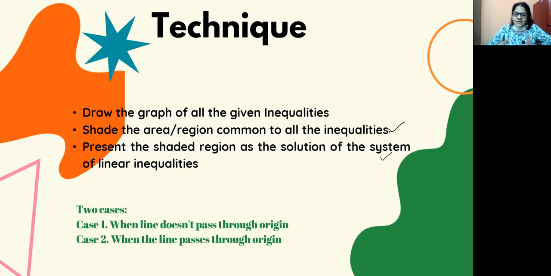Okay, so here we will be considering two cases. Case one is when the line doesn't pass through origin. Second case, when the line passes through origin. And I think these two cases will be sufficient to solve all the types of questions.